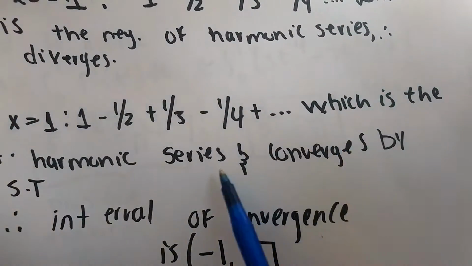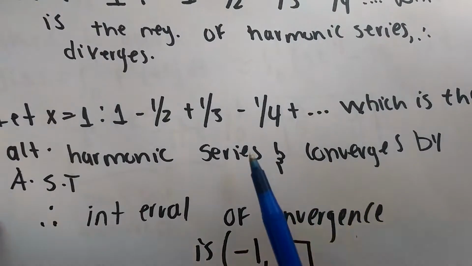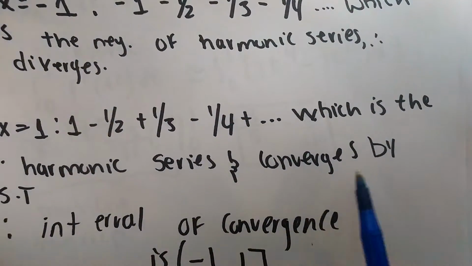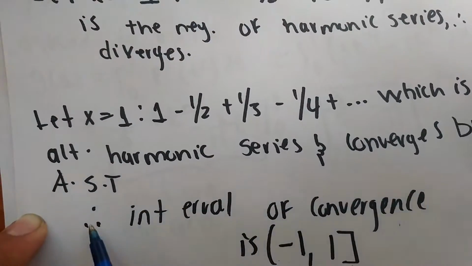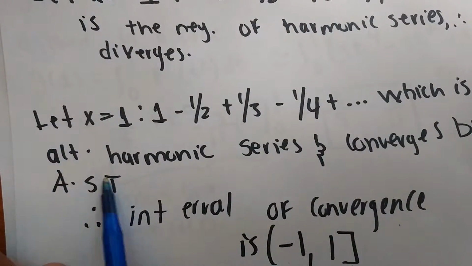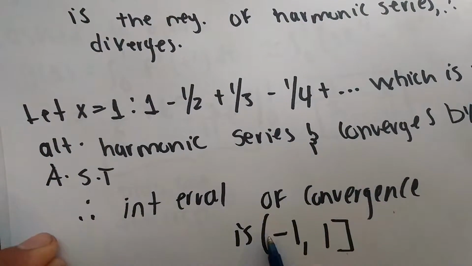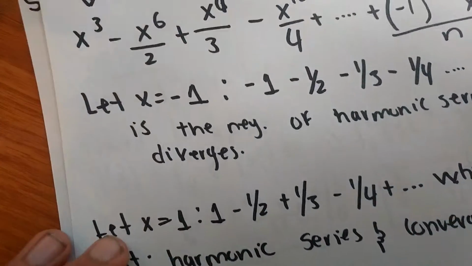So it's called the alternating harmonic series, and any alternating harmonic series converges by AST. AST is the alternating series test. Because we have these two statements, we can say that the interval of convergence is from -1 not included to 1 included.